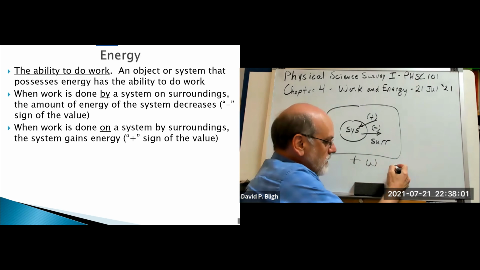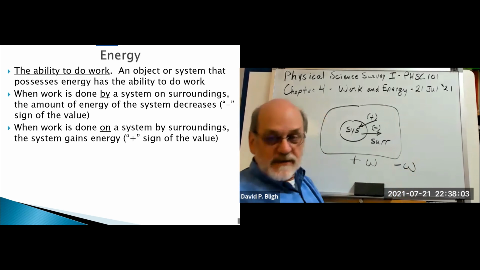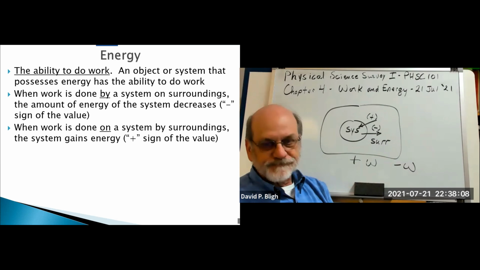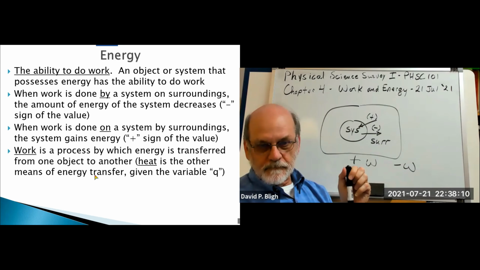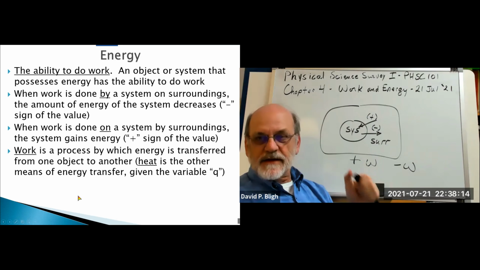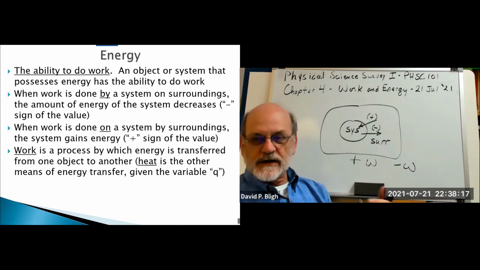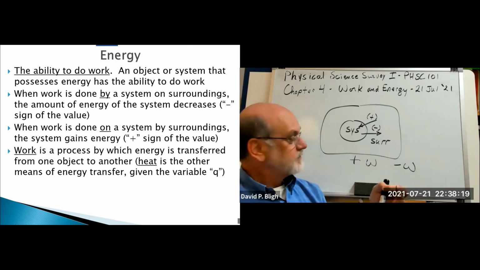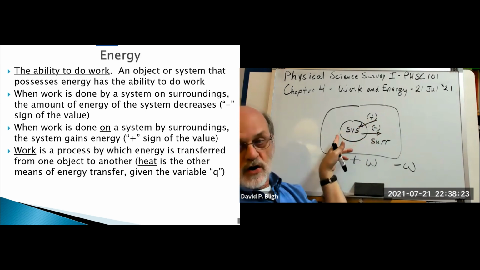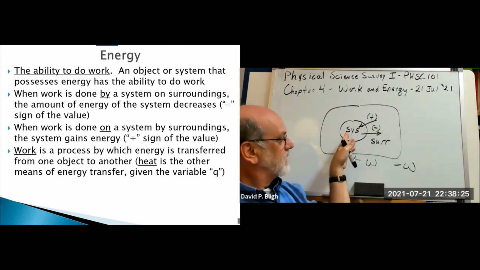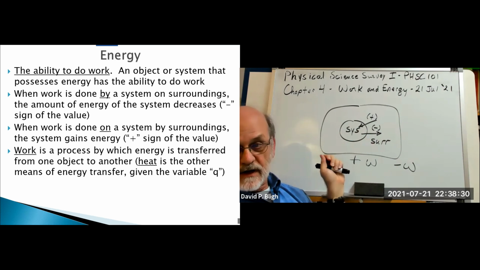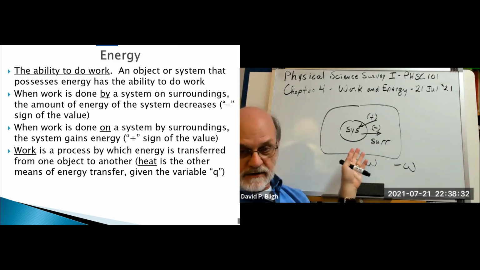And now the system has lost by doing work on me. Okay, this is one of the ways of transferring energy, is to do work. So we transfer energy to this system by doing work on it, by moving it. Or it does work on the surroundings by moving the surroundings and expends energy in the process.